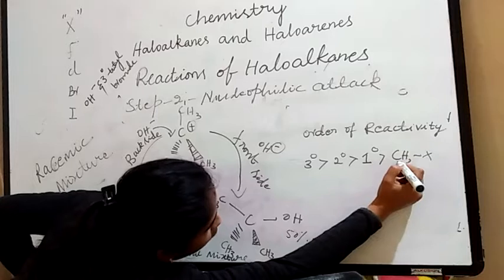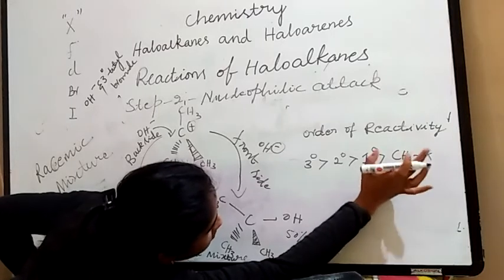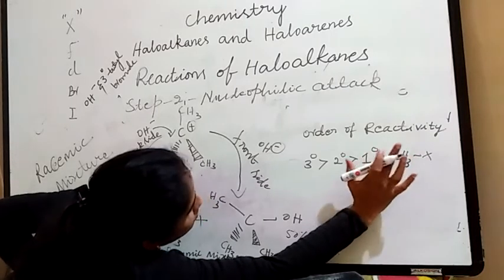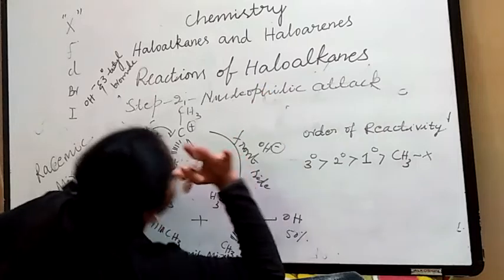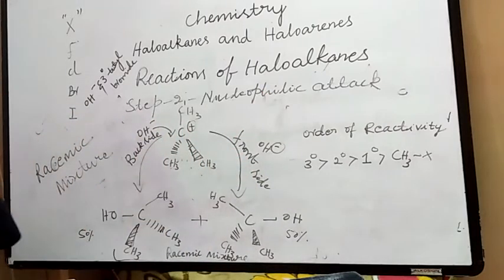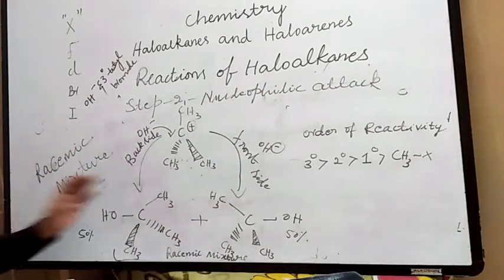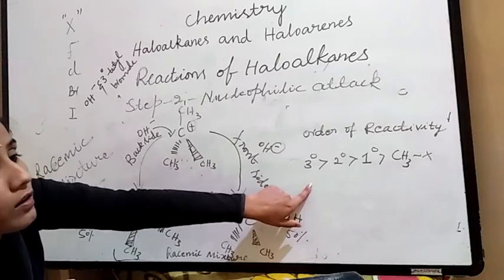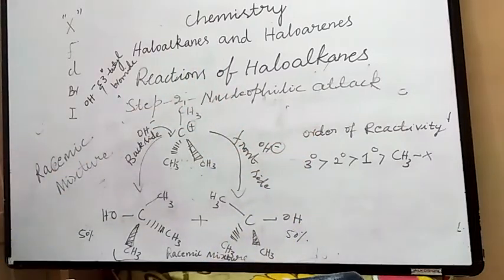This is also a primary carbon atom having 3 hydrogens, this one having 2 hydrogens, this one having 1 hydrogen. Tertiary carbon atom doesn't bear a hydrogen atom. This is the order of reactivity of alkyl halides in SN1 mechanism.